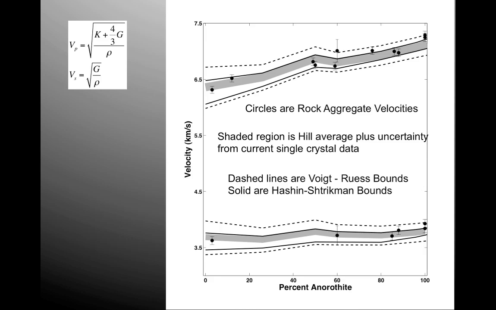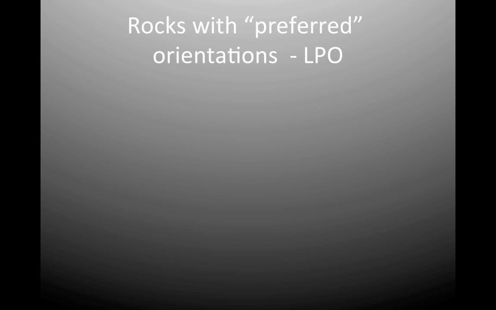Using the correct values of the elastic constants gives us an estimate that is in perfect agreement with the rock physics estimates. So the rocks, aggregates of crystals, and the single crystal data are in perfect agreement, and in fact the Hill average seems to work. So now let's talk about preferred orientation.